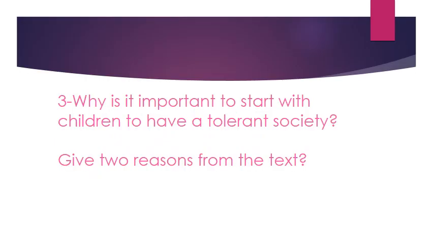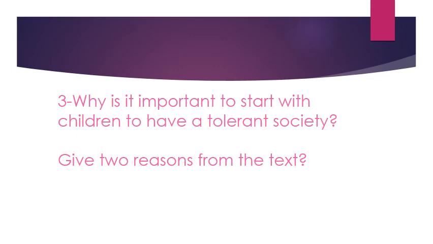Now the question here is divided into two parts, so don't miss a part, as the mark is put according to the answer, which is of two sections. Why is it important to start with children to have a tolerant society?